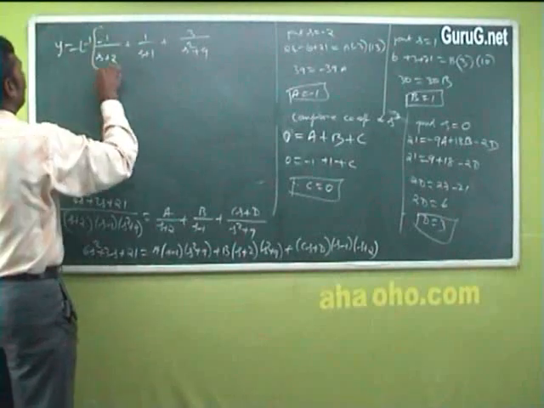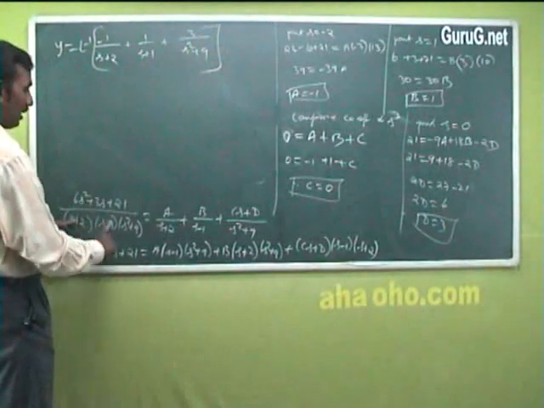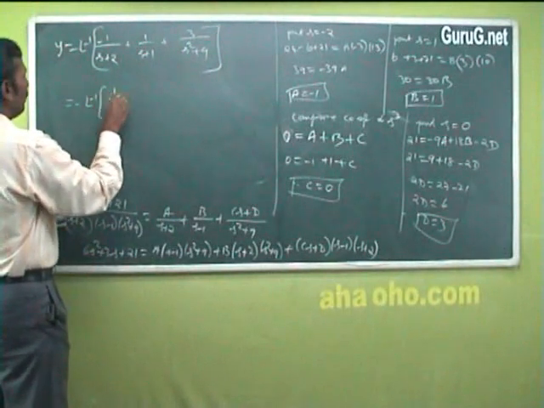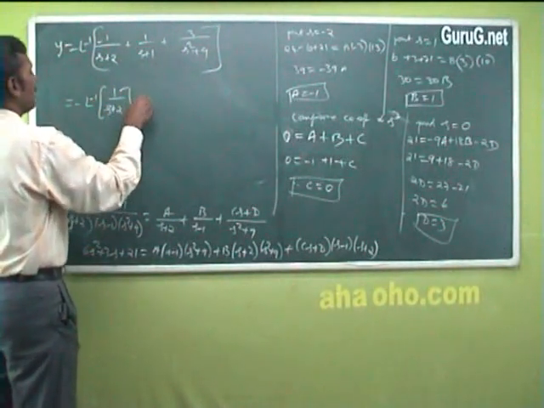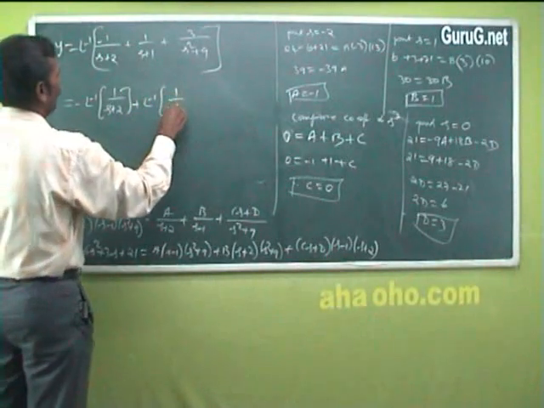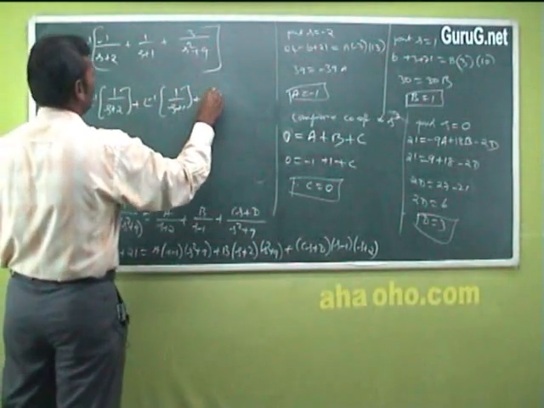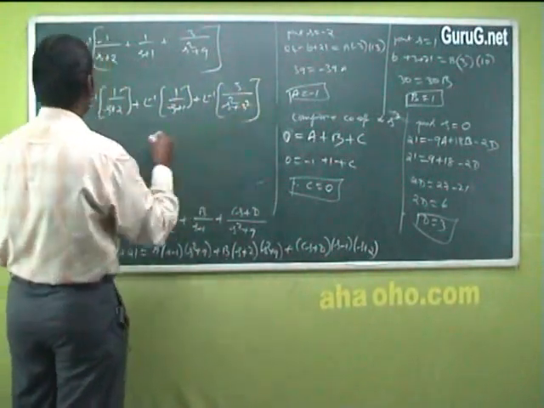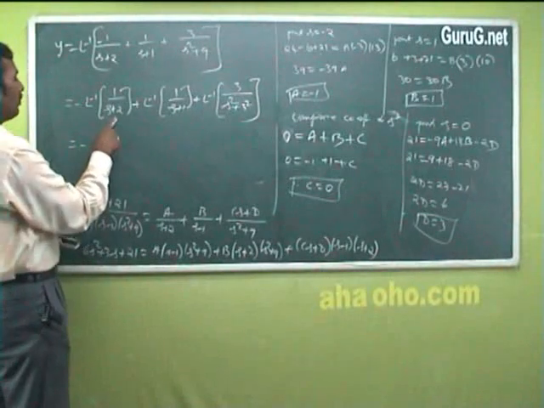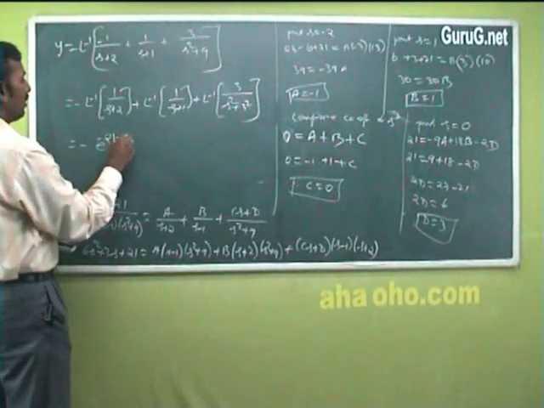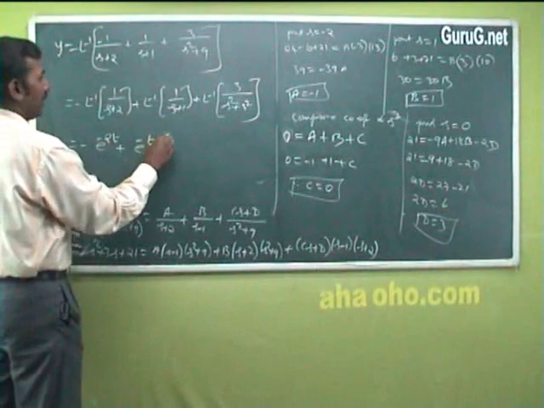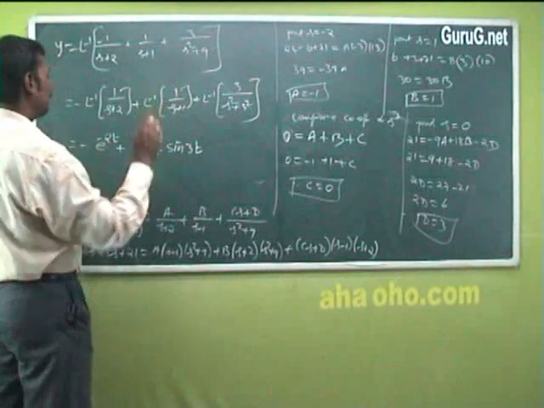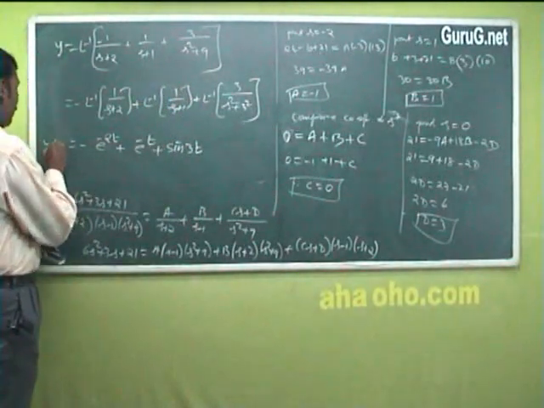So L inverse of this, so we take the inverse: minus L inverse of 1 by s plus 2 plus L inverse of 1 by s minus 1 plus L inverse of 3 by s squared plus 3 squared. So minus, this is nothing but e power minus 2t, plus this is e power t, plus this is sin 3t, right? So this is y of t.